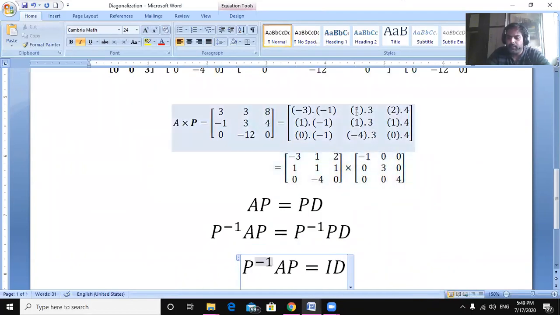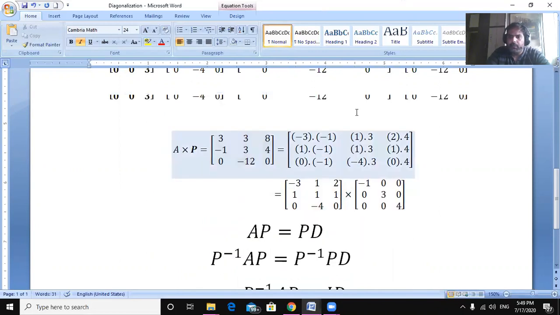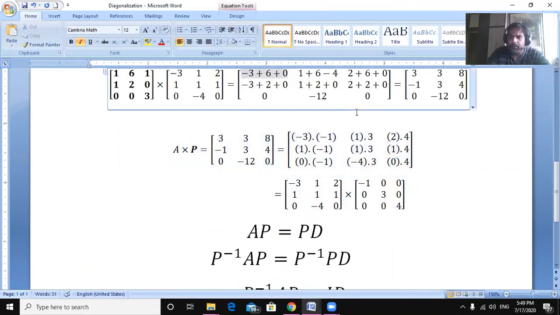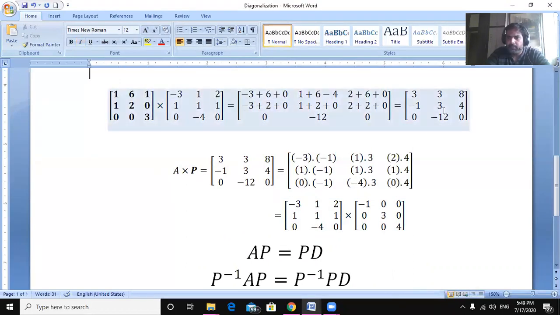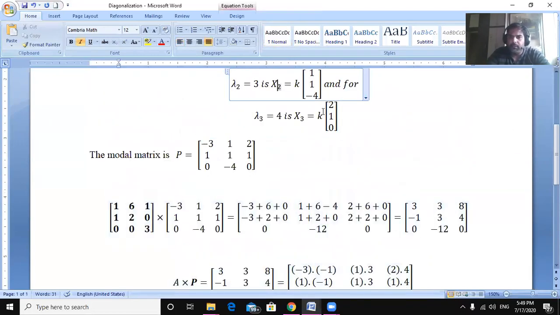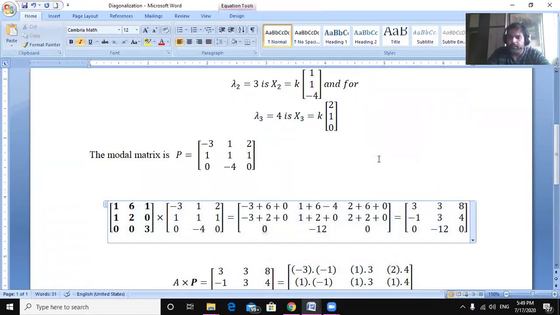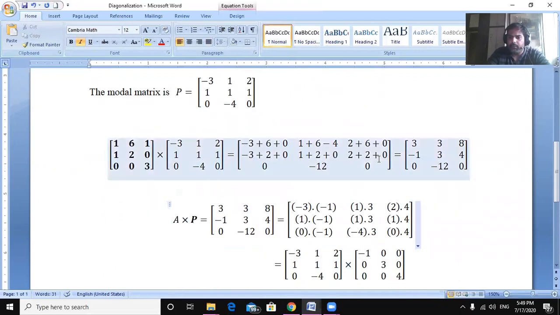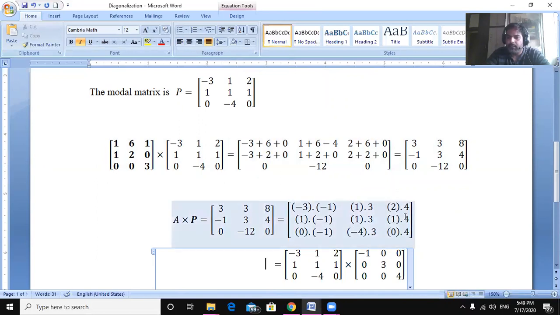Now the second column: look at the second column here, 3, 3, minus 12. I am writing it as 1 into 3, 1 into 3, minus 4 into 3. So 1, 1, minus 4 is the second eigenvector. This second eigenvector times the corresponding eigenvalue, 3. And 2, 1, 0 is the eigenvector times the corresponding eigenvalue 4.